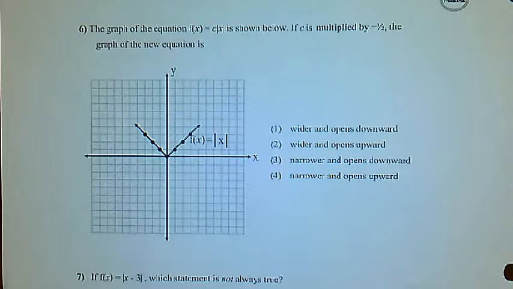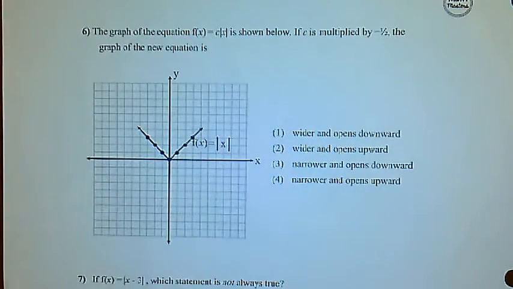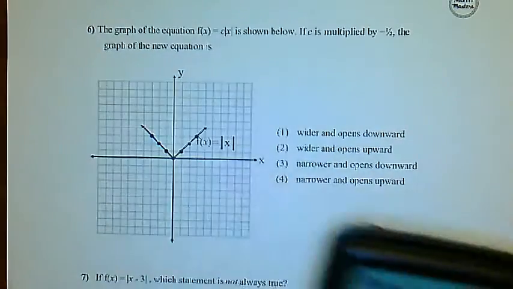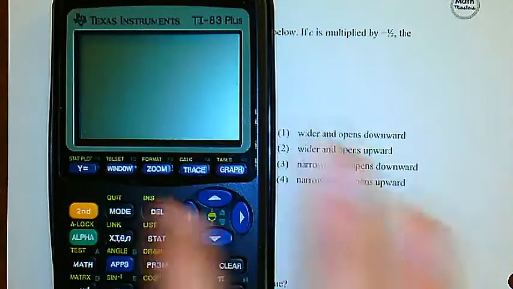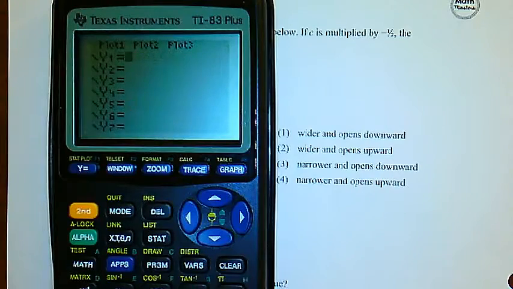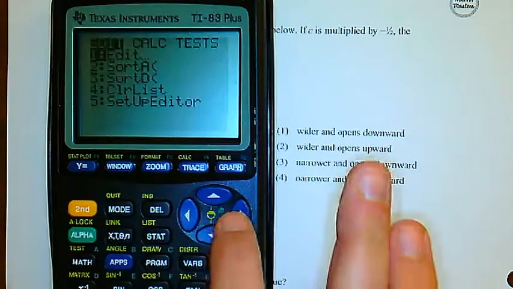All right, for the next one, we want to see what happens to the graph if we multiply it by -1/2. So we know that if we multiplied it by 3, it got wider. So now we want to look at if we multiply it by -1/2, what happens to it? So put in your parent function.